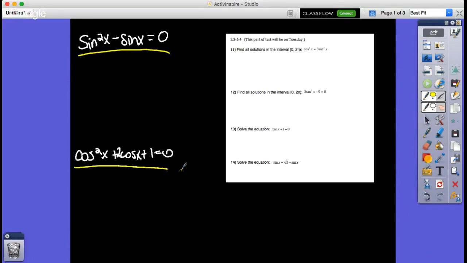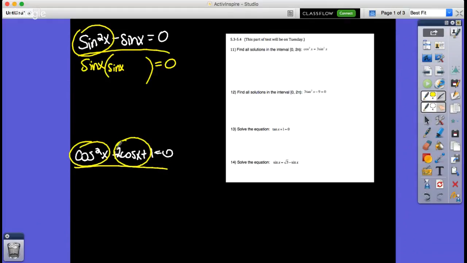Well, I could take out a sine of x, and sine of x is left over from the first term. Notice the three values on the bottom don't have something in common, so we can't take that out. But up on top, we do. When we take out a sine of x, we have sine of x on the outside, and on the inside, sine x minus 1.